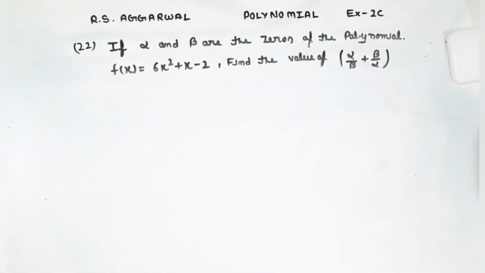R.S. Agrawal, chapter Polynomial, exercise 2C, question number 22. In question number 22, if alpha and beta are the zeros of the polynomial fx equals to 6x square plus x minus 2, find the value of alpha upon beta plus beta upon alpha.